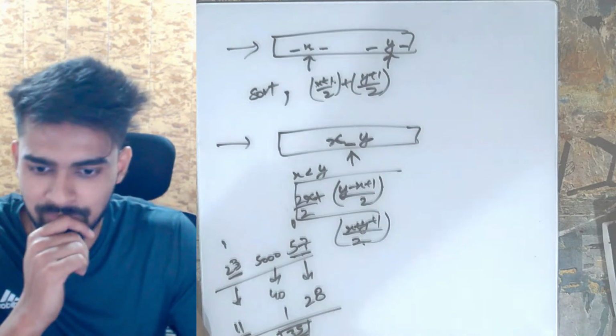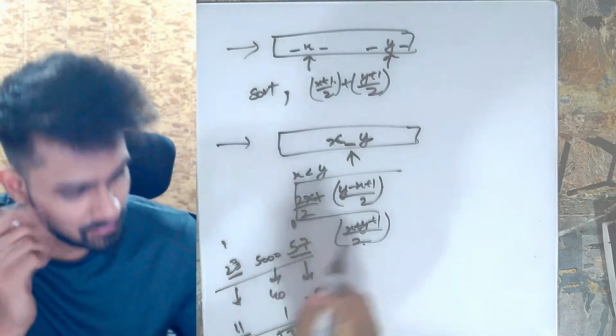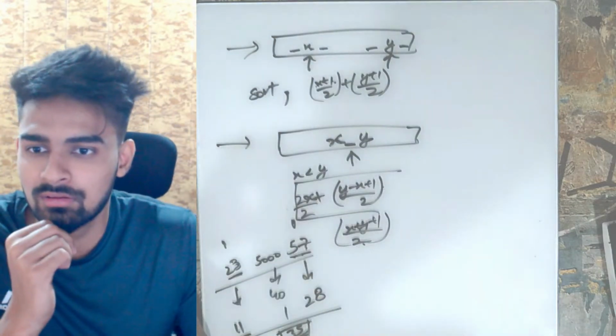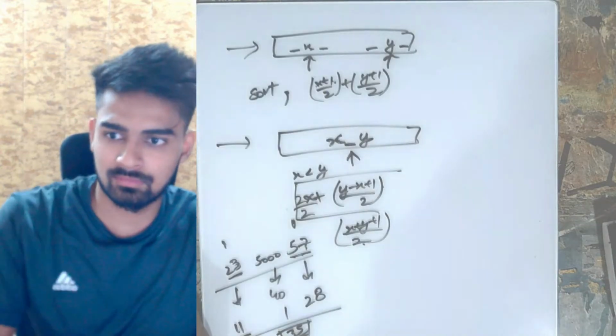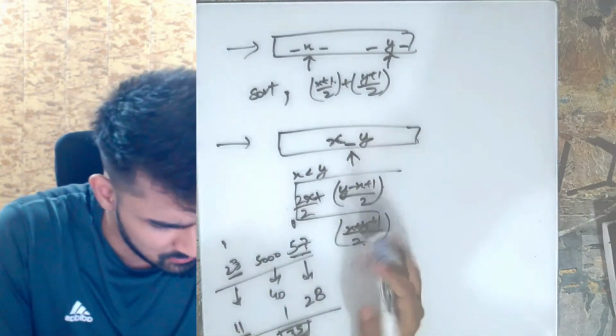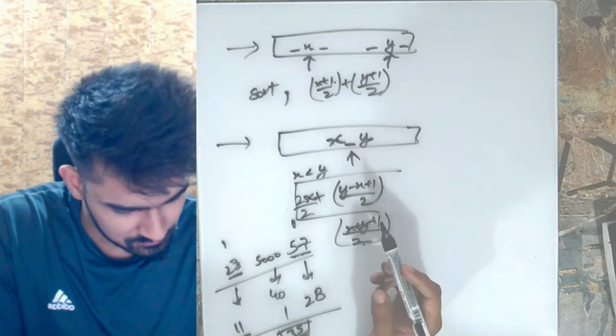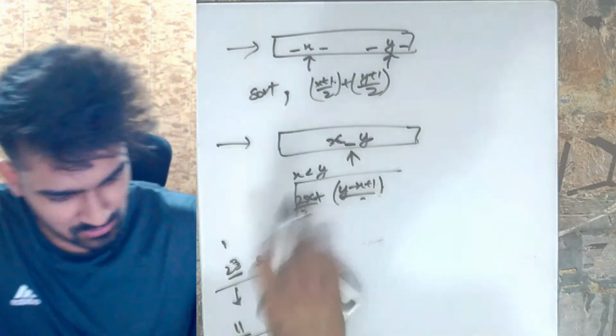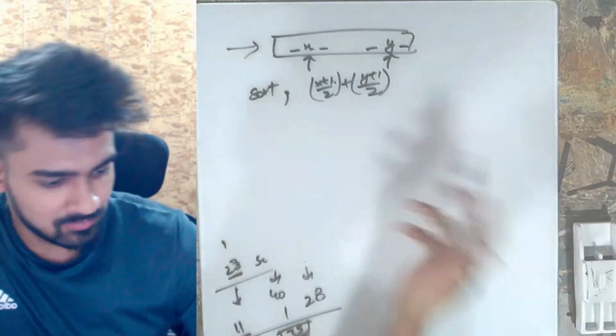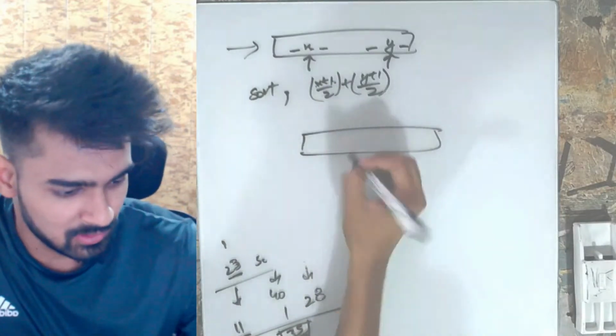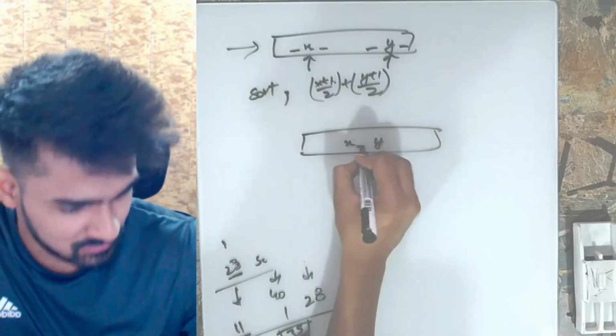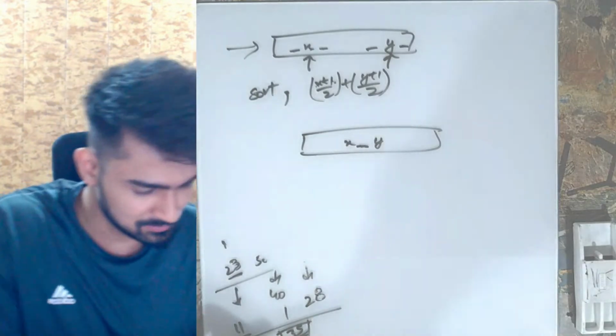Still not getting what I'm missing. Okay, let's do this again. We have this point: x is here, y is here, and we have something in the middle.